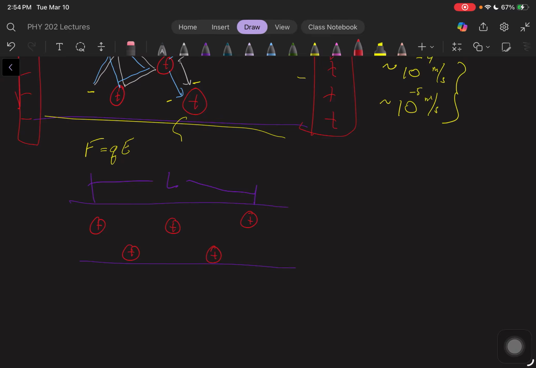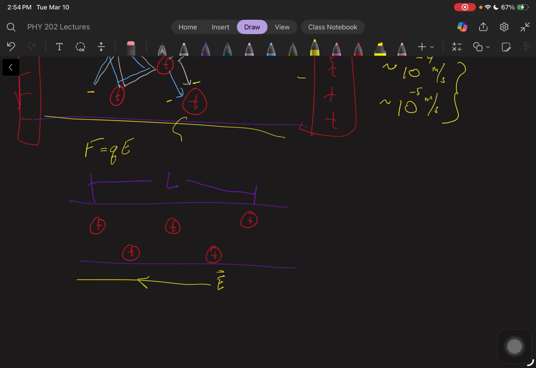So we have some net electric field going this way, so we know the force is going to go that way, and we know the current is going to go that way.